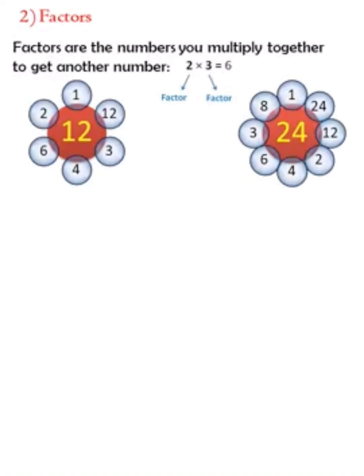What by what gives me 24? 1 by 24, 3 by 8, 4 by 6, 2 by 12. So the factors of 24: 1, 24, 3, 8, 4, 6, 2, and finally 12. Okay?